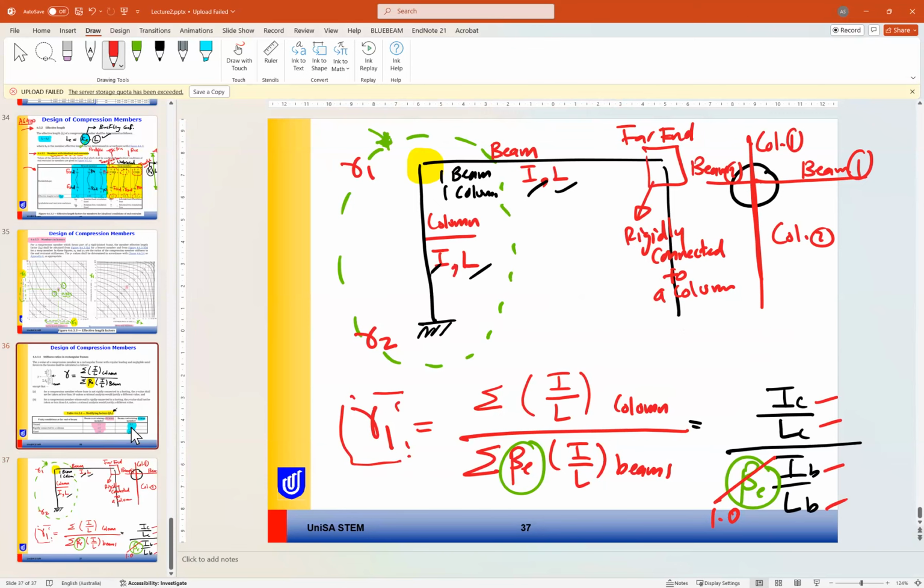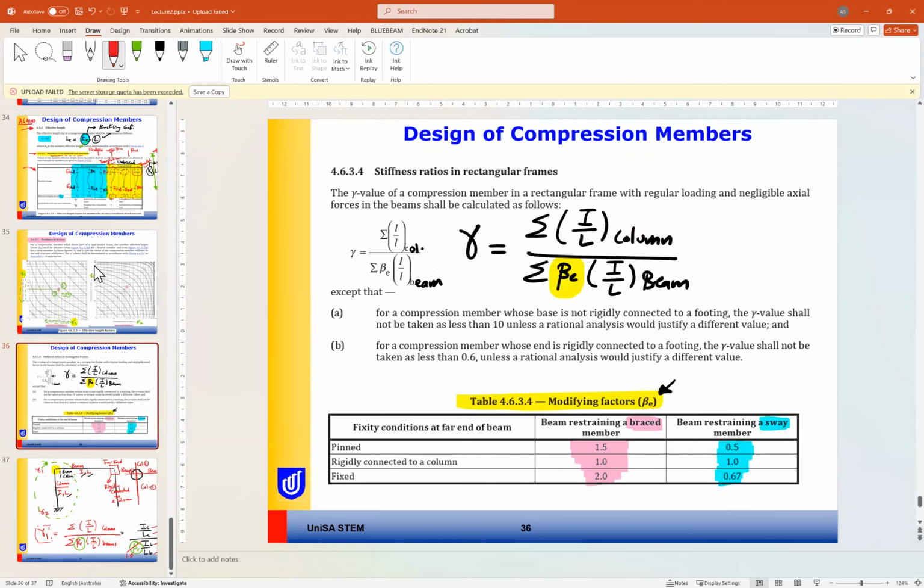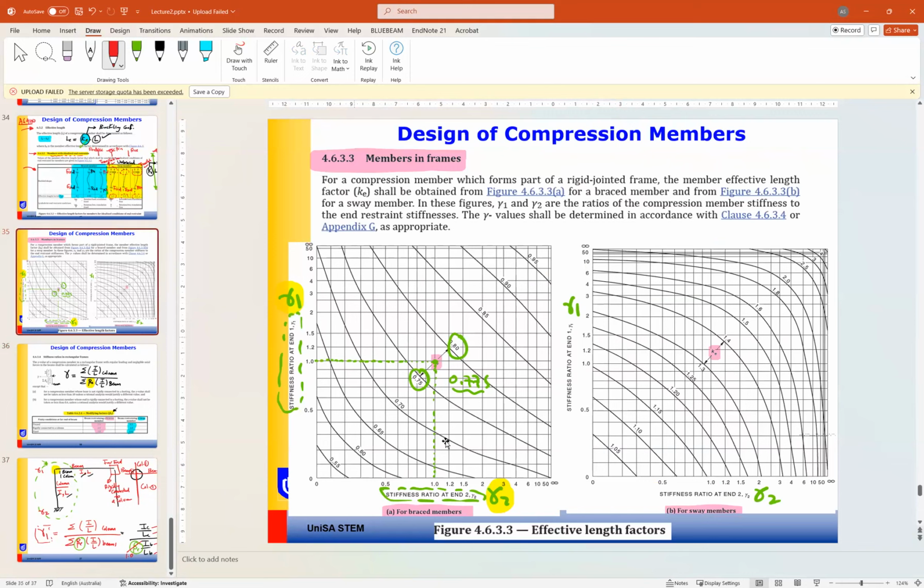Okay, if you find gamma 1 and gamma 2, you can go to the chart here to find the value of K effective. So this method is more accurate, and it is a requirement of the standard for frames.